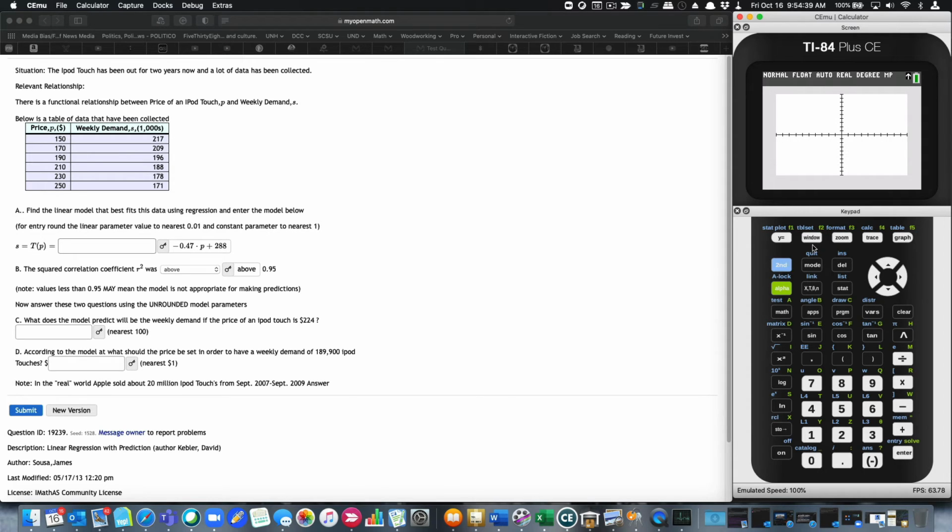So we can also go to window and change the window. Let's change this to 500.